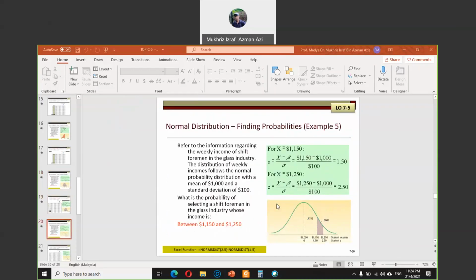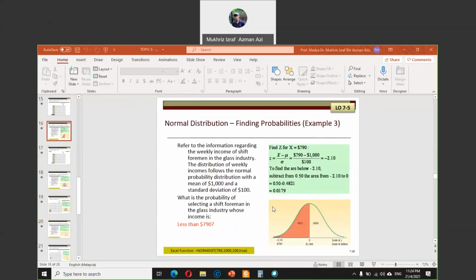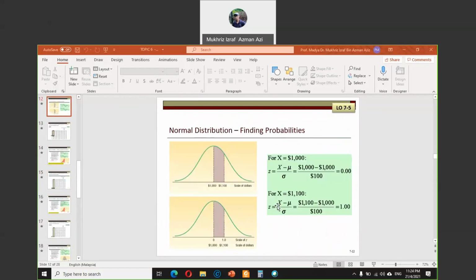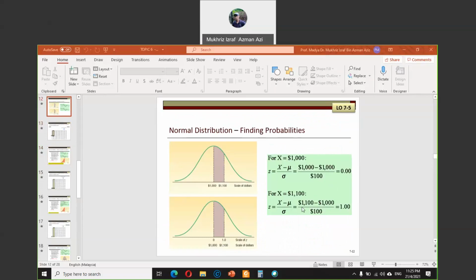Okay, so we have seen examples whereby you are calculating between two values. For example, the first one was between two positive values, between 0 and 1.0. I mean, 0 can also be considered positive if you want. Then we also looked at calculating between one negative value and 0, between negative 2.1 and 0, which is almost similar to this one, between 0 and positive 1.